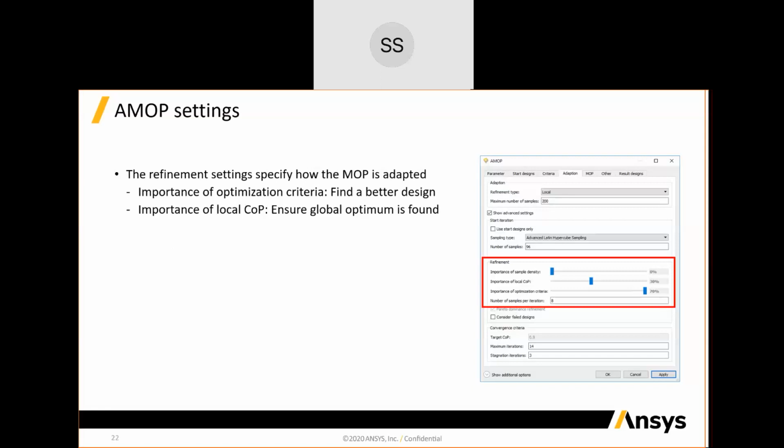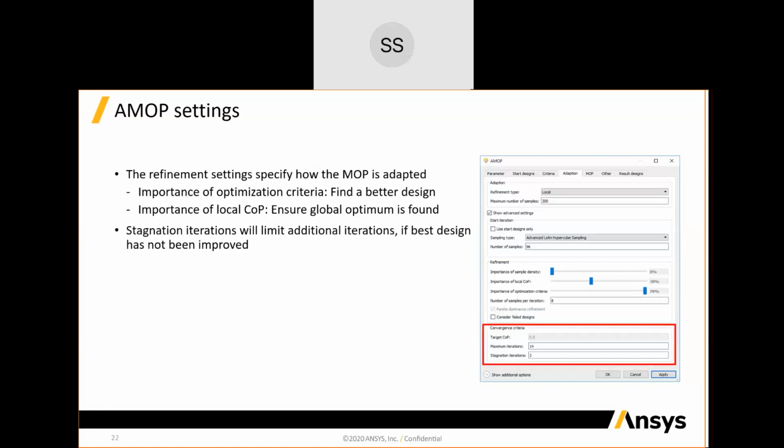So making sure that the meta model is the most accurate as possible near the best design that we have found. The other criteria could be focusing more on a global optimization or a global improvement of the meta model. So we're adding more designs where the meta model might not be predicting the outcome of the simulation very well.